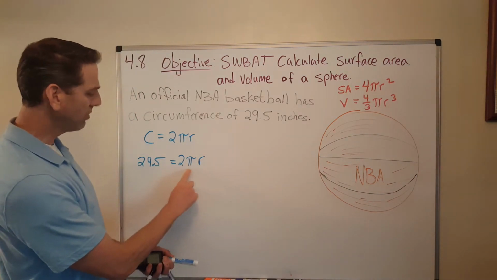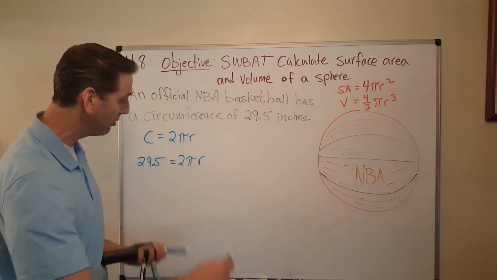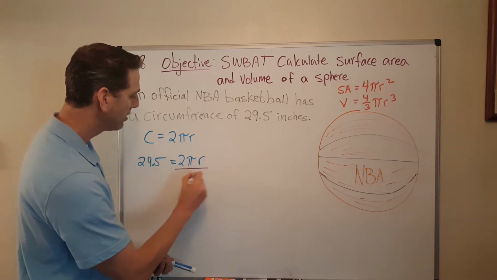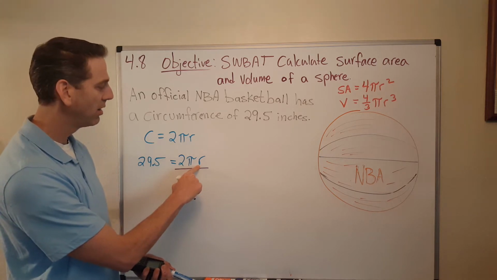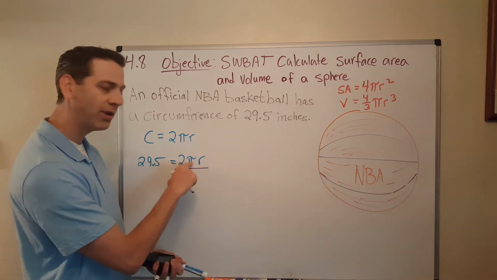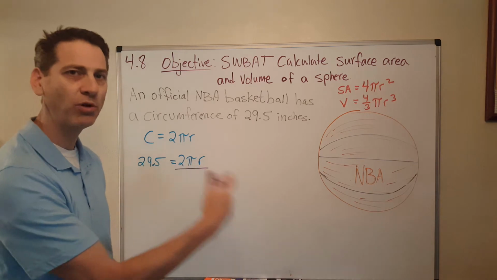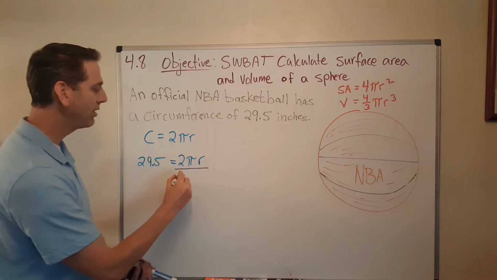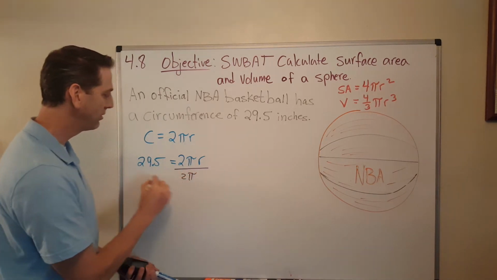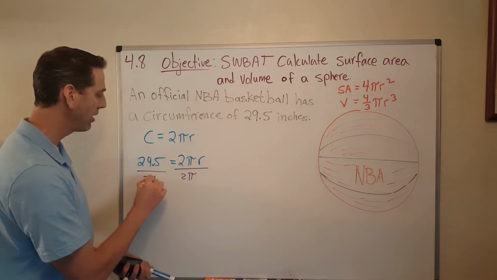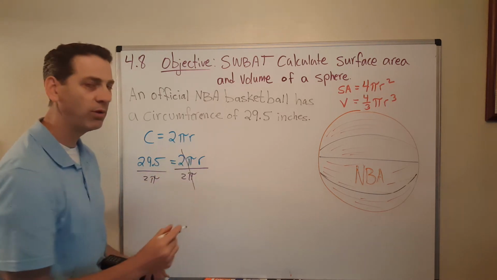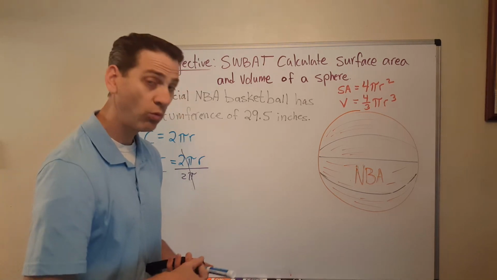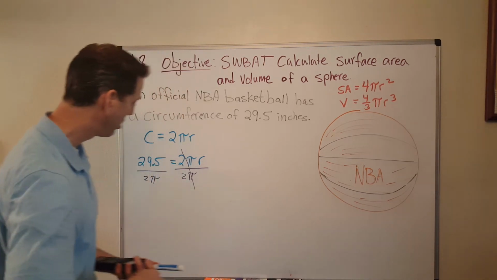So I want to solve for r. There's a couple of ways I could do this, but I'm going to divide. This 2 pi is being multiplied by the r, correct? I could multiply 2 times pi and get about 6.28, or I could immediately divide both sides by 2 pi. 2 pi divided by 2 pi is going to give me 1, and 1r is just r.